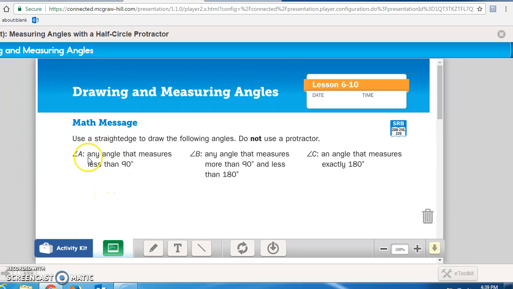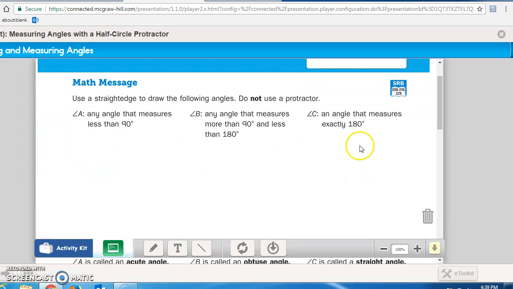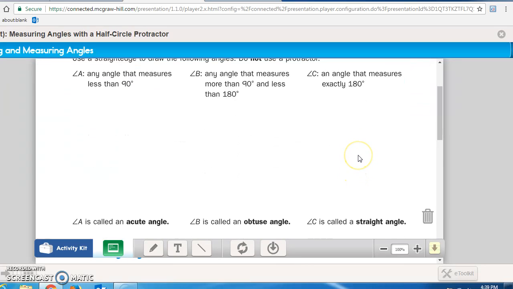Okay? I want you to draw any angle that measures less than 90 degrees and label it A. For angle B, I want you to draw an angle that measures more than 90 but less than 180. And for angle C, I want you to draw an angle that measures exactly 180.